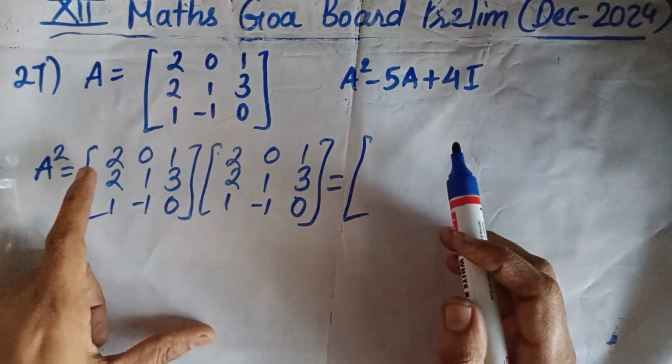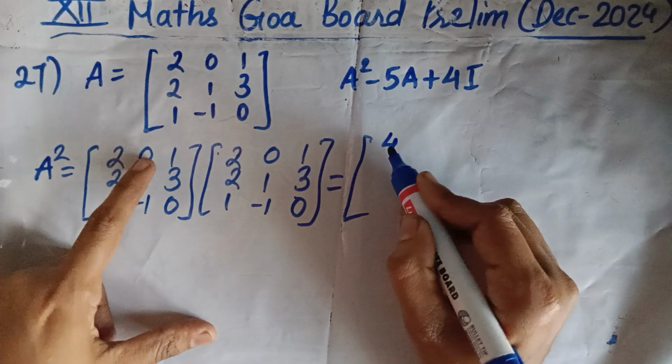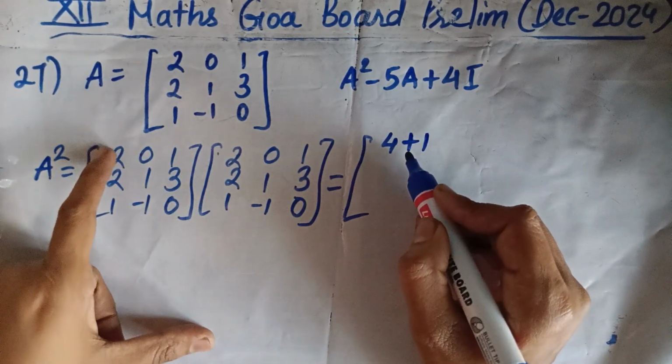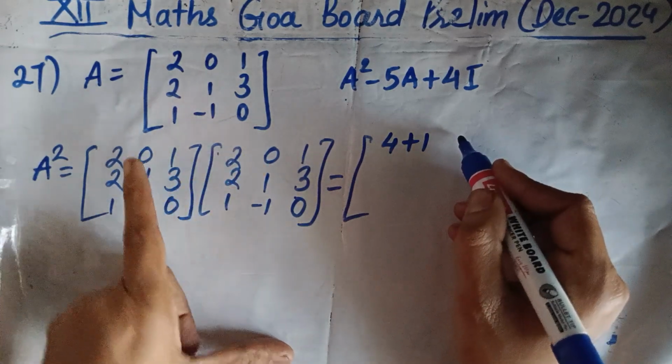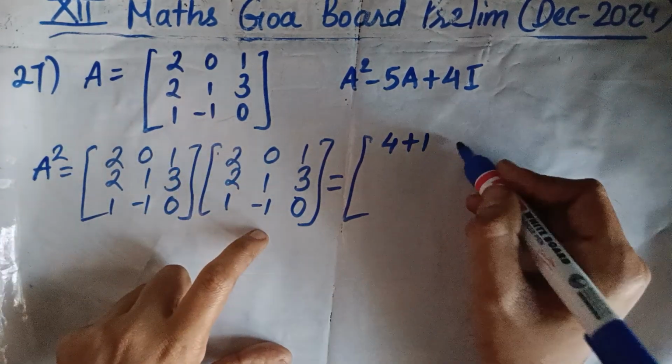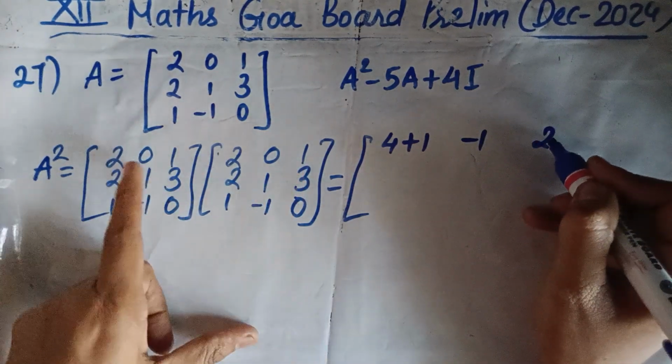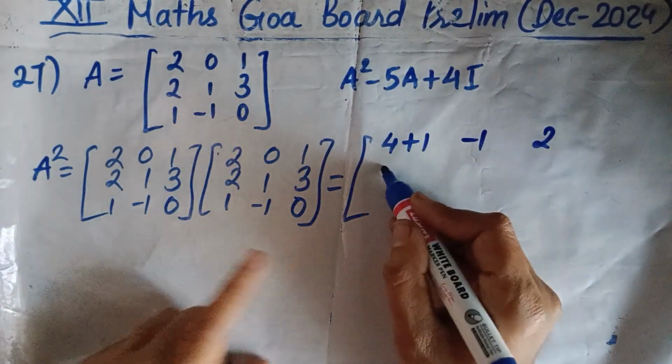Row into column. 2 2s are 4, 0, 1. 2 into 0, 0, 0, minus 1. 2 into 1, 2, 0, 0.